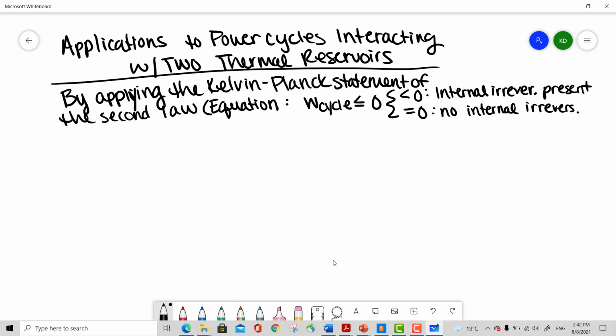Okay, so that's this equation. So by applying the Kelvin-Planck statement of the second law, three conclusions can be drawn.